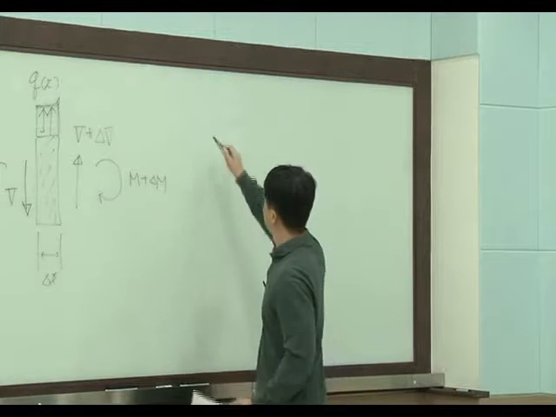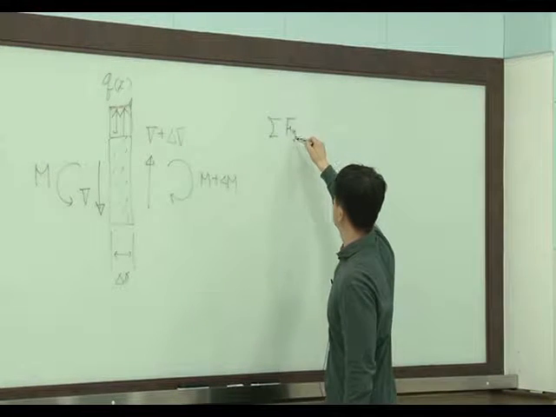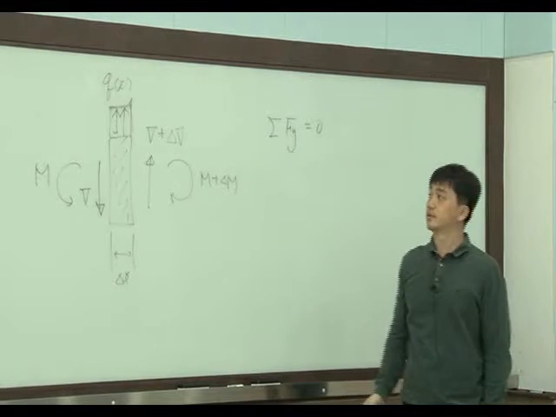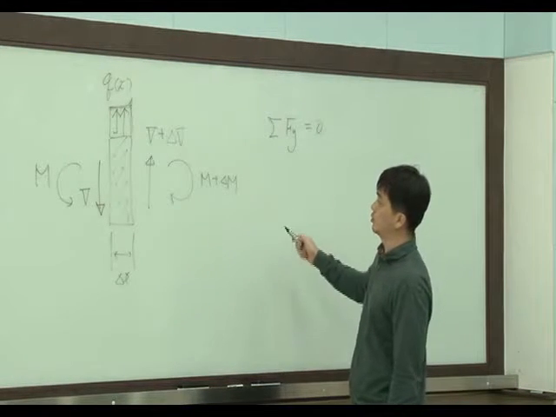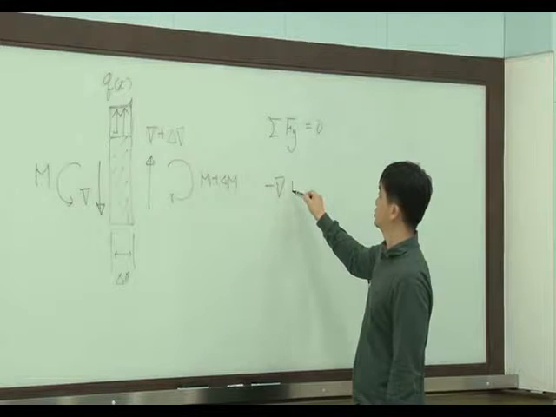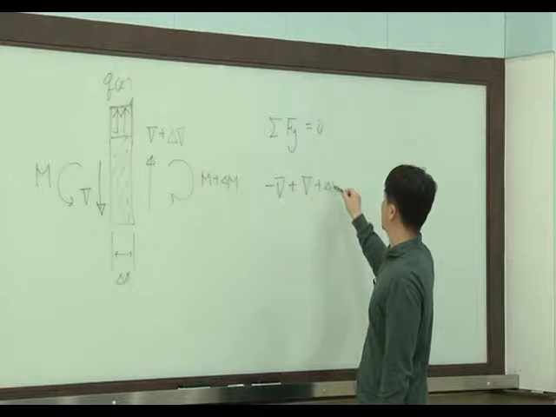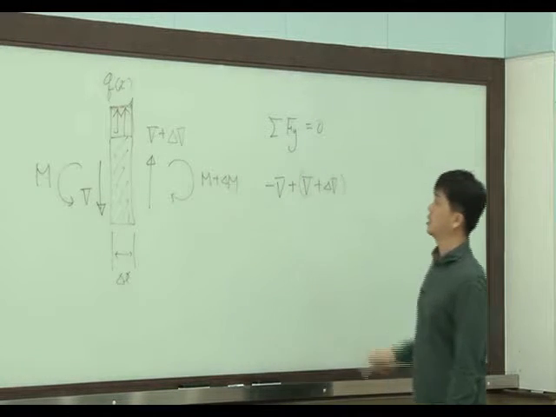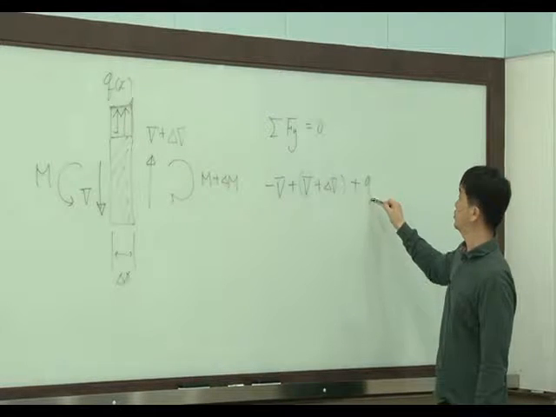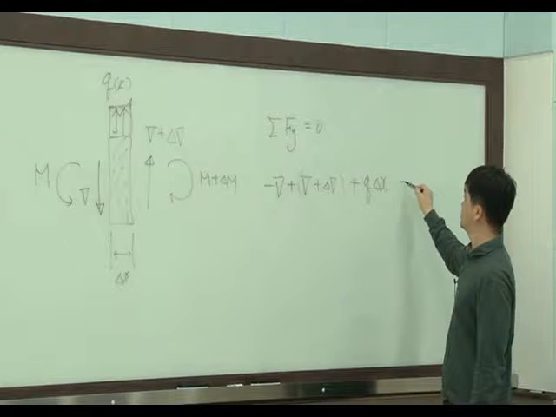Okay, now let me sum all the forces in the y direction. It should be 0, right? So let's sum all the forces. So minus V plus V plus delta V and plus q delta x. This should be 0, right?